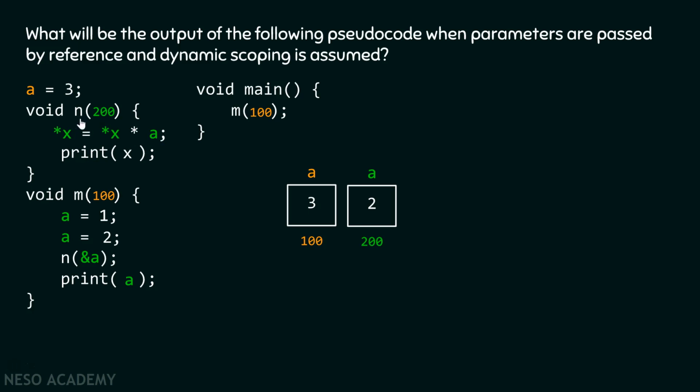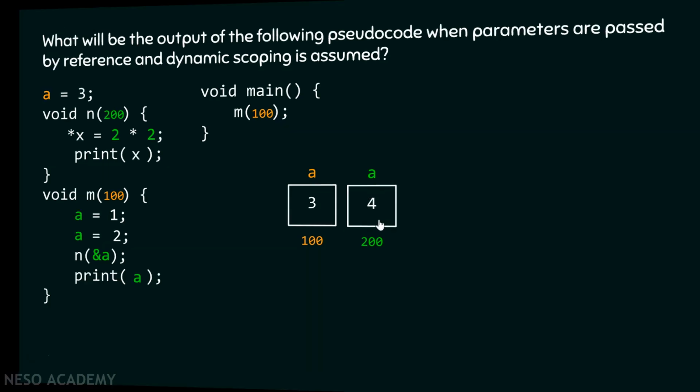Because the caller of this function is M and it contains variable A, the value of this variable will be accessed by this variable. Value of this variable is 2, therefore this will also get replaced by 2, and hence this statement is equivalent to star X equals 2 into 2, which is equal to 4, right?